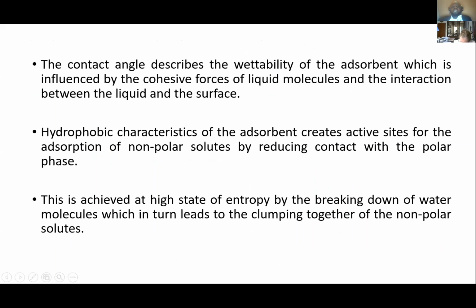We use contact angle basically to determine the wettability of the adsorbent, which is influenced by the cohesive forces of liquid molecules and the interaction between the liquid and the surface. Hydrophobic characteristics of adsorbent creates active sites for the adsorption of non-polar solutes by the reduction of contact with the polar phase.